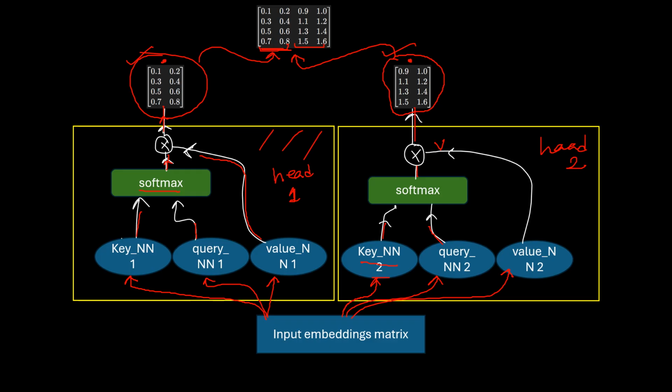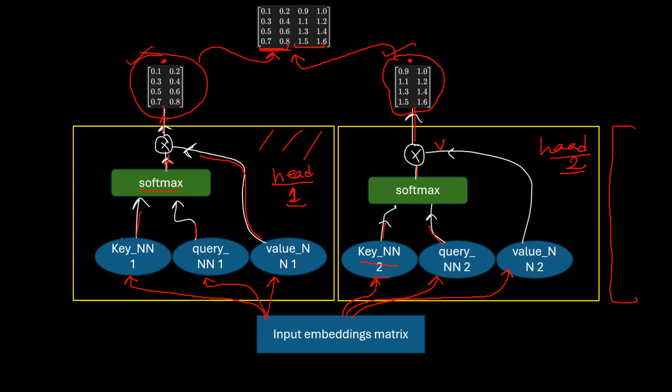The idea here is that every head's networks will learn about different features of our input embedding vectors. For example, head 1 can probably learn about how nouns work in the language. Head 2 can probably learn about how pronouns work in the language. Then subsequent heads can learn about other features of the language.